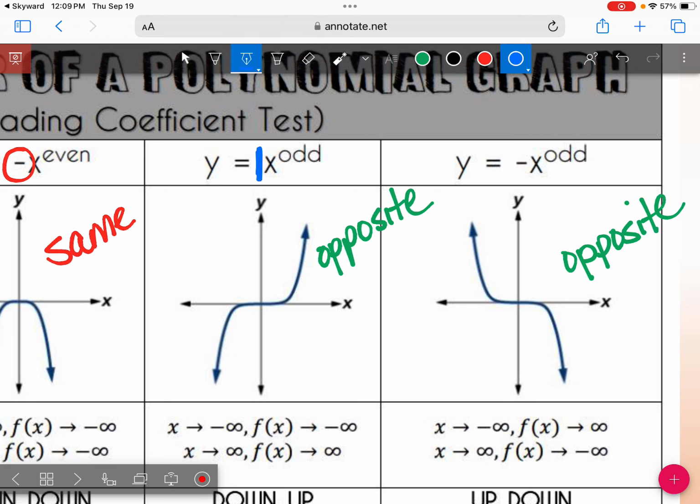This number right here controls the right side. So if this is positive, that means the right side is going to go up towards positive, and the left side is going to do the opposite. But if we start off with a negative, that means that the right side is going to go down and the left side is going to do the opposite.